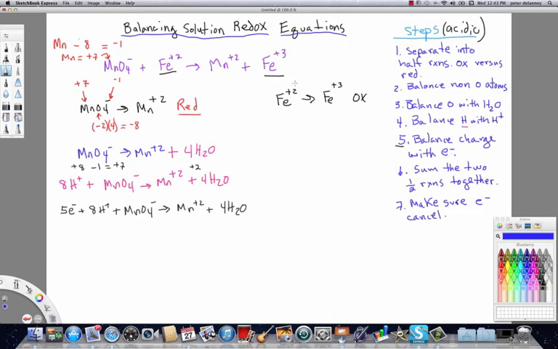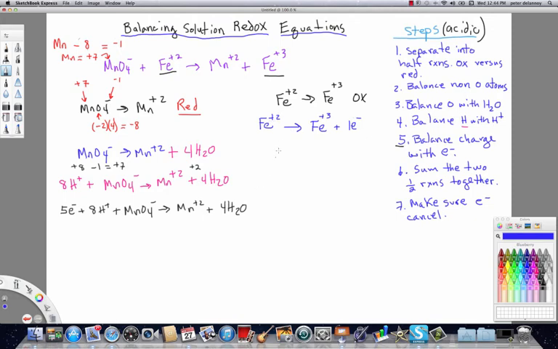The left side of this equation is +2, and the right side is +3. So in order to even the charge up, we're going to add an electron to the right side of my equation. And that evens the charge, because -1 + 3 is +2, which equals the left side of the equation.